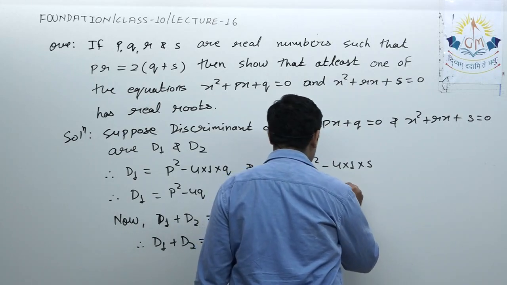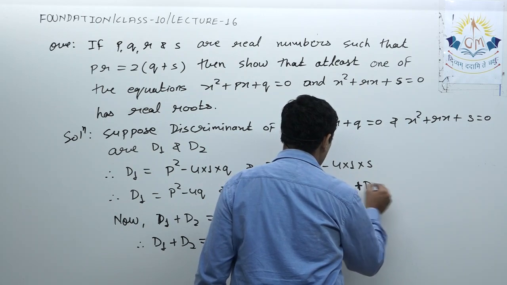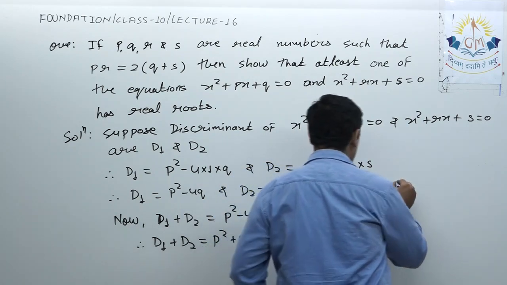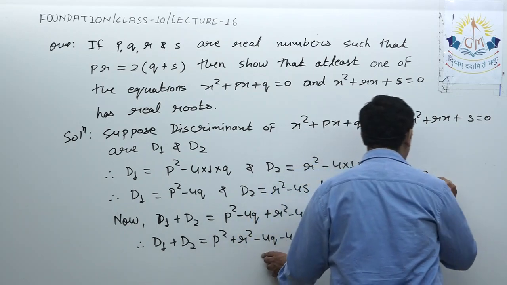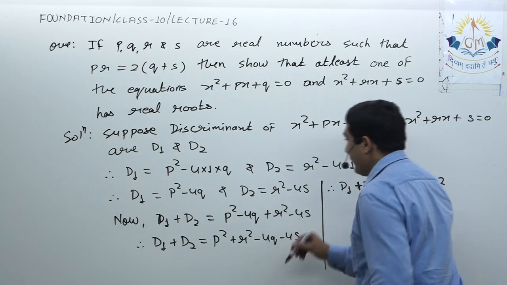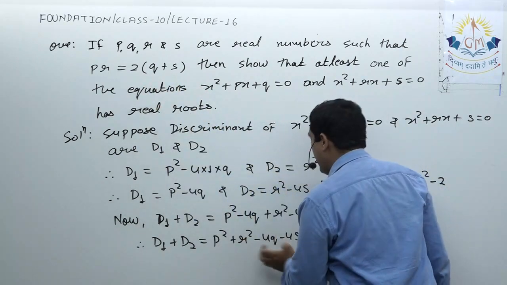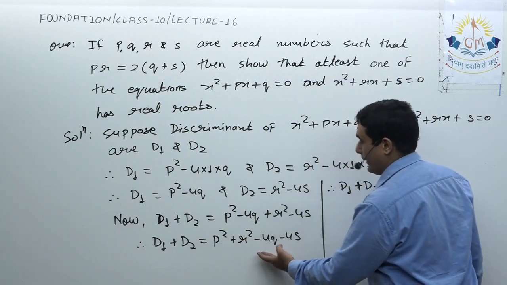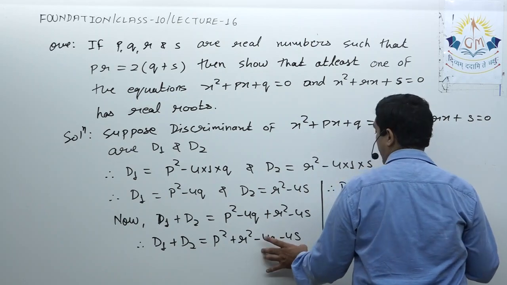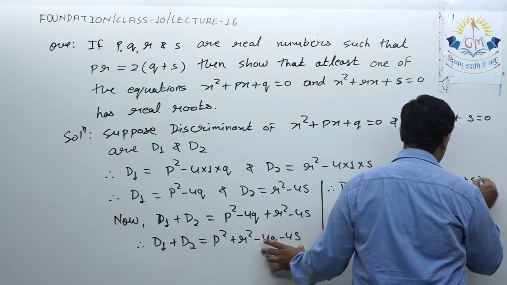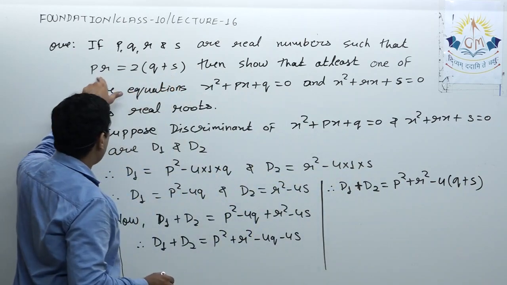Therefore I can write d1 plus d2 is equal to p square plus r square, and now I take minus 4 common. See, this is the condition q plus s, so it is possible to take 4 common directly. So I will get q plus s, and in place of q plus s I can write pr by 2.